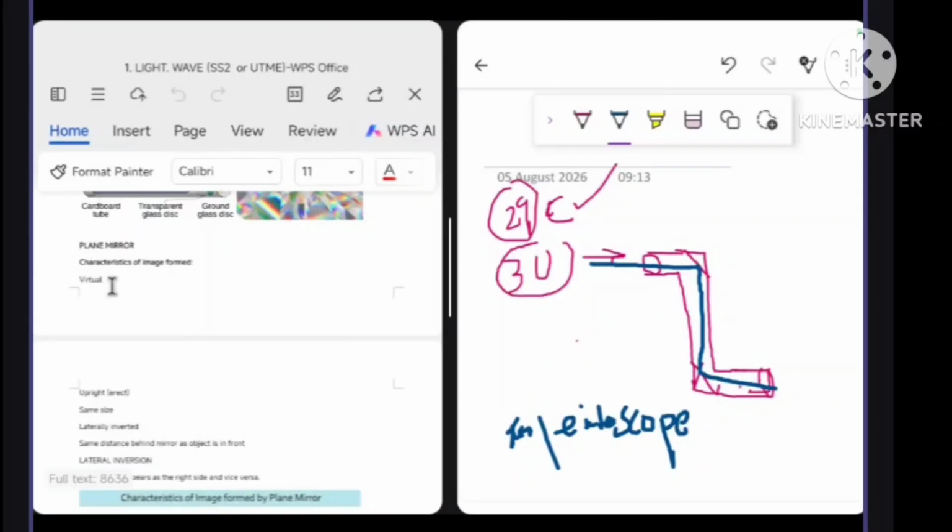So, plane mirror. Now, what are the characteristics of images formed? Remember what I said, the virtual image.